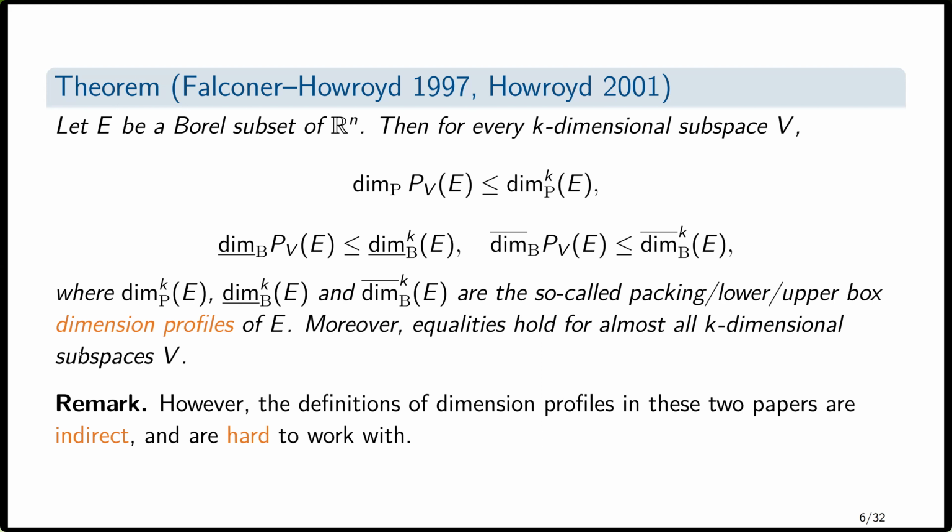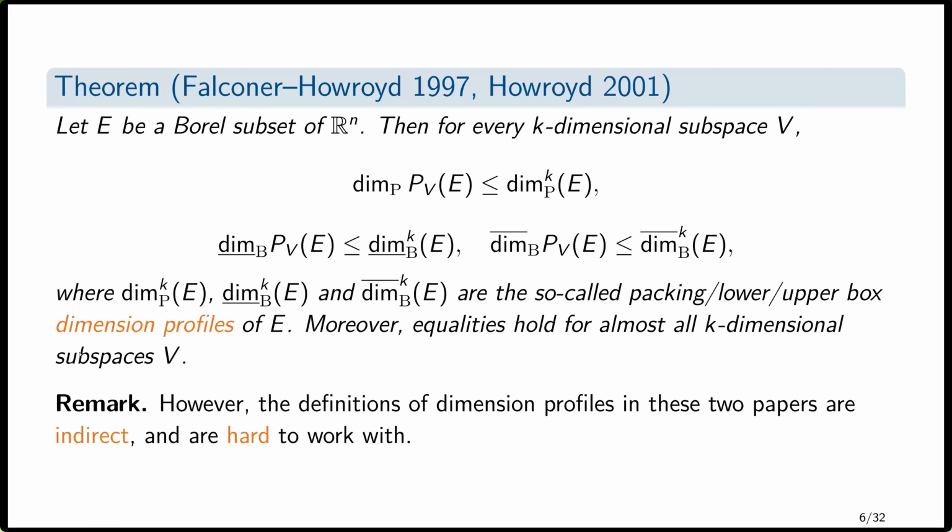For every k-dimensional subspace, the projection set has packing dimension less than a value called the packing dimension profile of the set E. Here k means we project to a k-dimensional subspace. If V is an angle theta, then k is 1.